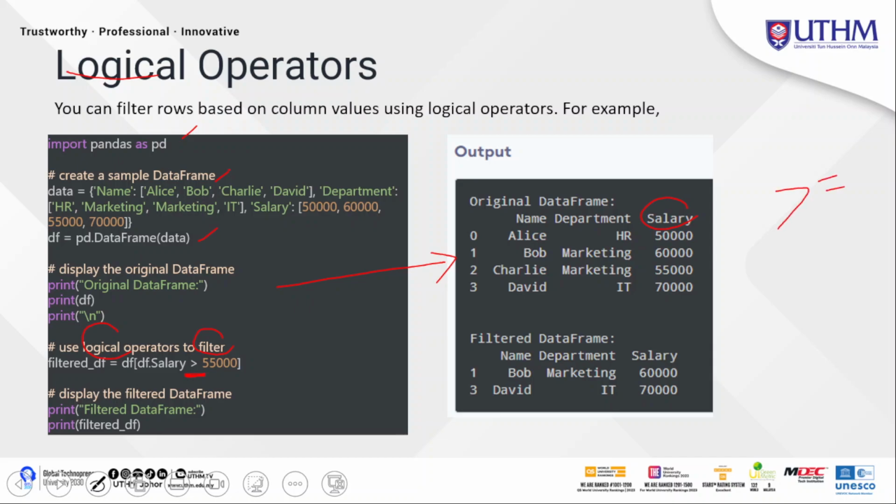So 55,001 onwards, the values will be selected. In this case, 60,000 and 70,000 will be selected. You can see the final output here. So the 60,000 and 70,000 records are selected.